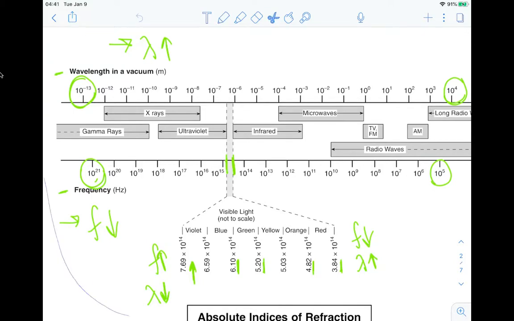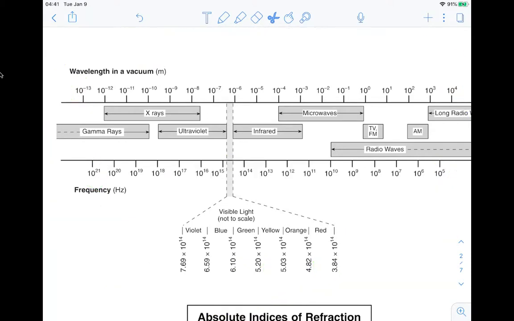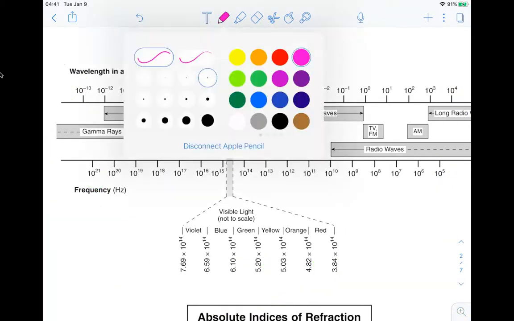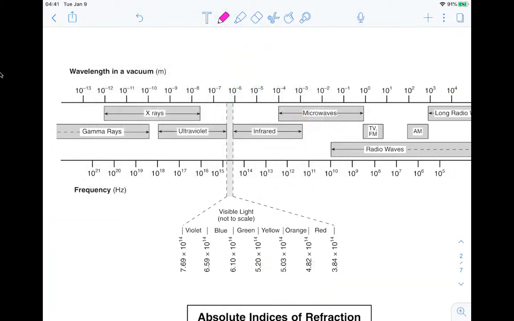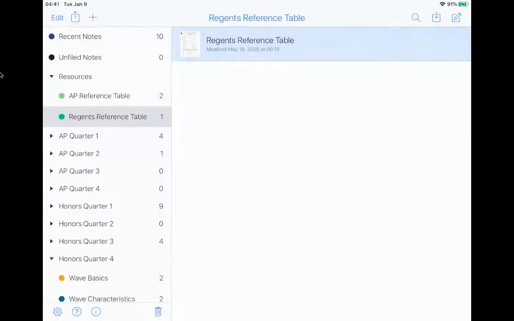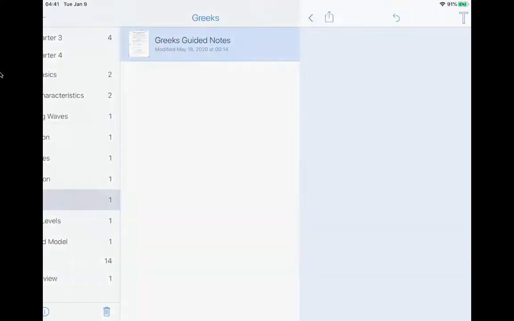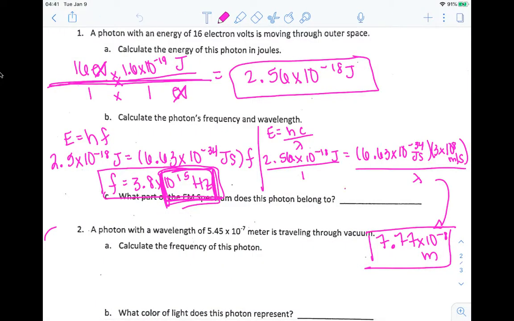Let's get rid of all of this here so we can see what we've got going on. So 10 to the 15 hertz, you look at frequency for hertz, 10 to the 15, and we go all the way up, and that hits ultraviolet. So our answer should be ultraviolet.